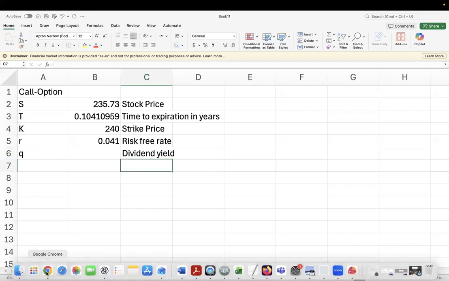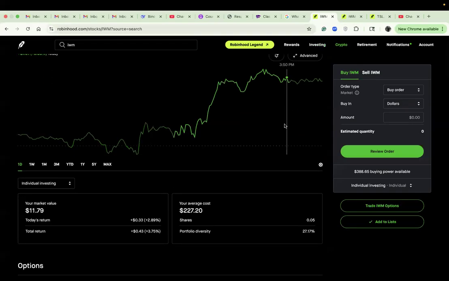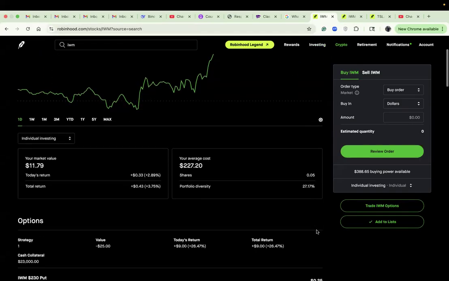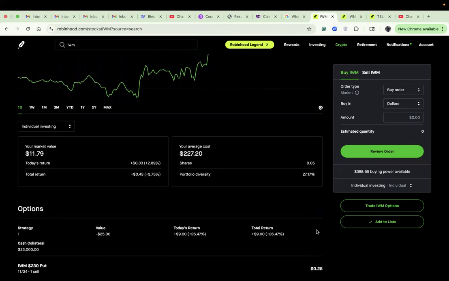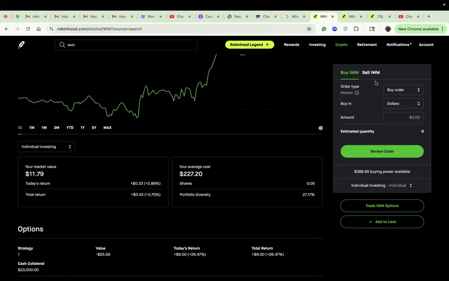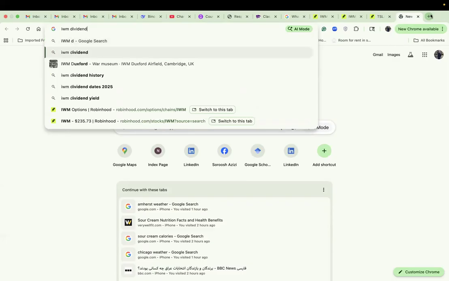Do we have that here anywhere? No. Okay, let's Google that. IWM dividend yield.